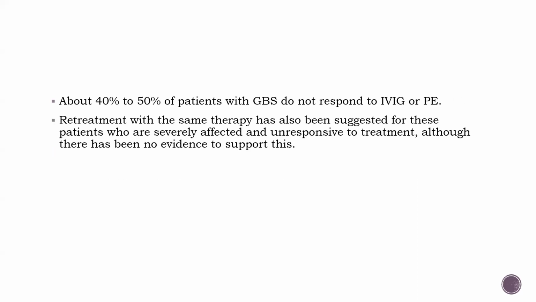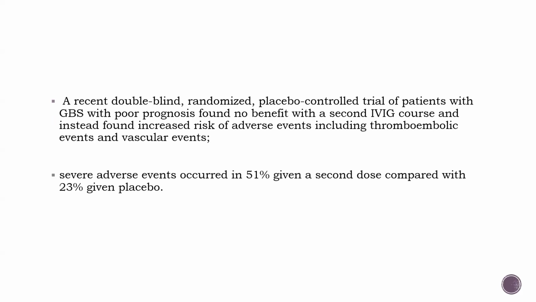About 40 to 50% of GBS patients do not respond to IVIG and PE. So retreatment with the same therapy has also been suggested for these patients who are severely affected and unresponsive to treatment, although there has been no evidence to support this. A recent double-blind randomized placebo-controlled trial of patients with GBS with poor prognosis found no benefit with a second IVIG course and instead found increased risk of adverse events, including thromboembolic and vascular events.